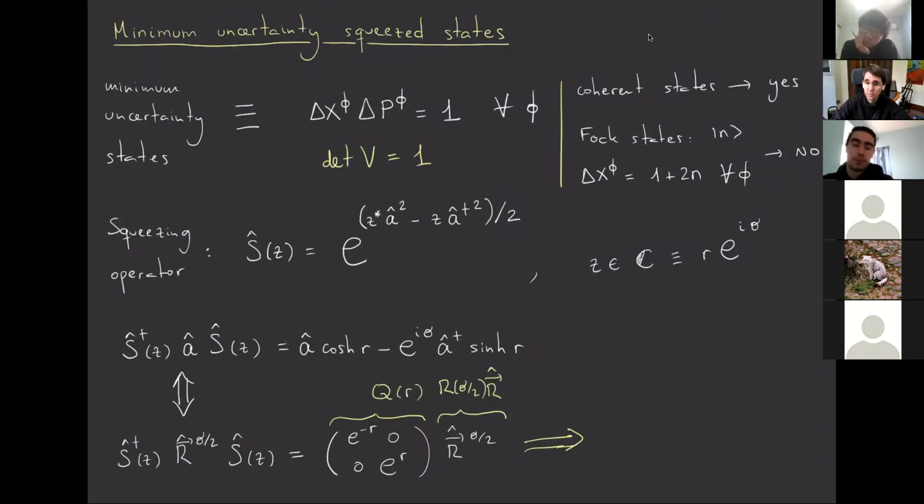This you see automatically because there is no displacement. So A is still proportional to a and a dagger, but it doesn't have something constant added to it, and the same for the quadratures. And now S is found in the following way.